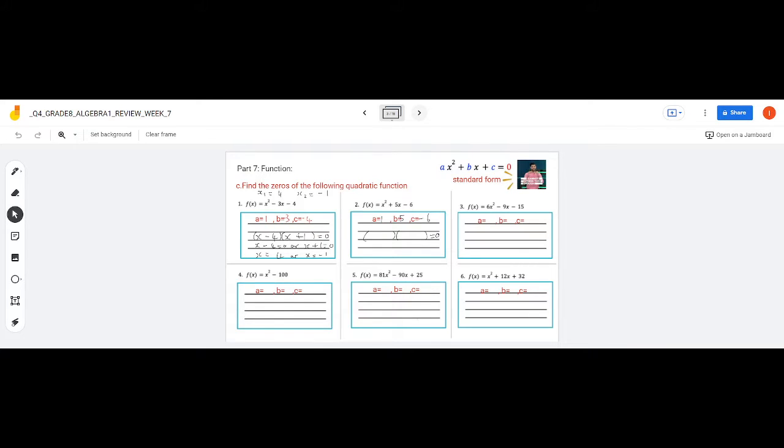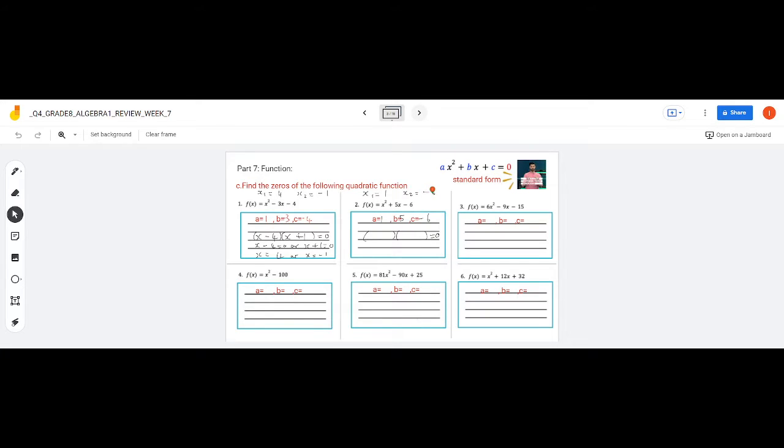Now we can put in our a is 1, our b is 5, and our c is -6, and our first x value is 1, and our second x value is -6.